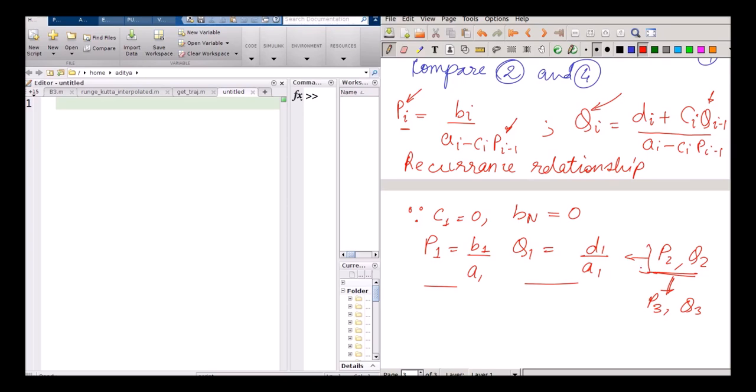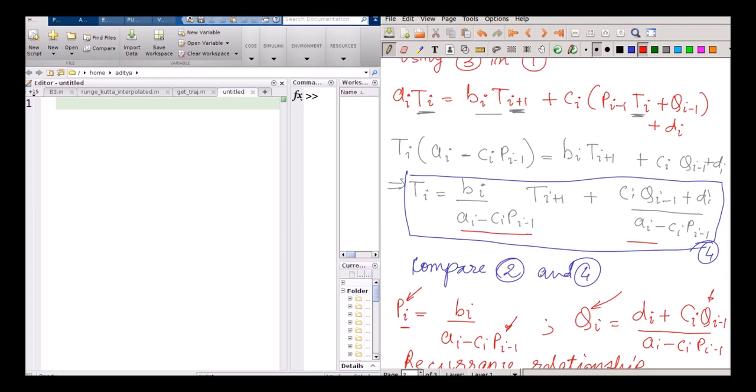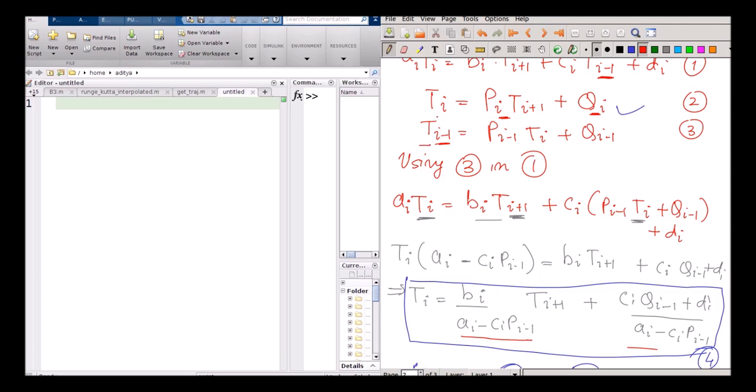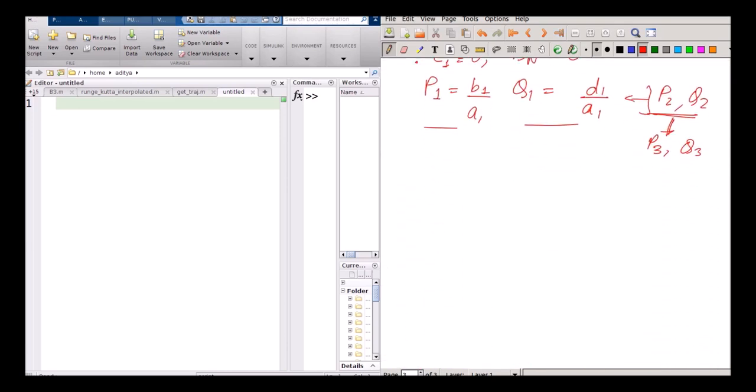In the end, let me rewrite: we have Ti is equal to Pi Ti plus 1 plus Qi.